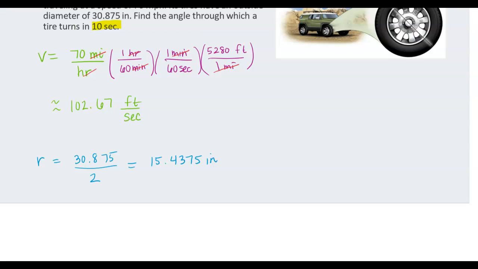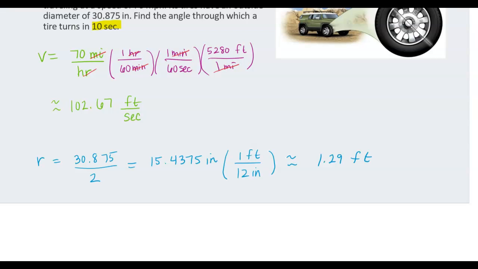But we want to change it into feet, so we'll multiply by 1 foot over 12 inches. And so we're getting about 1.29 feet.